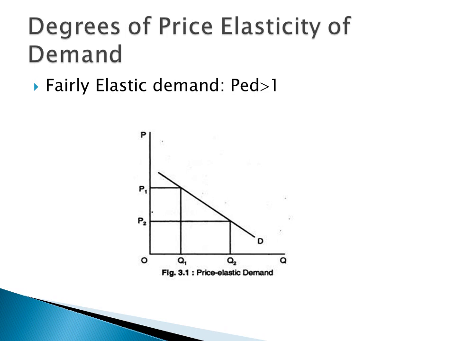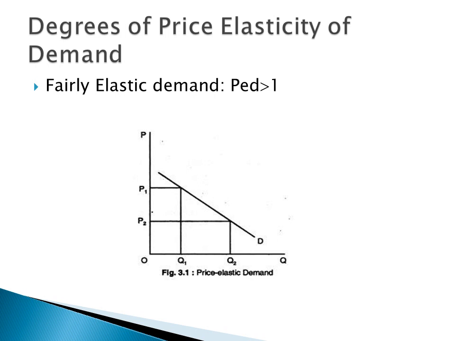The first one we can have is fairly elastic demand, where the coefficient is greater than 1. And this is a situation in which a small change in price leads to a more than proportional change in quantity demanded. Now, from the graph that you are looking at right now, you will see that the gap between P1 and P2 is not as wide as the gap between Q1 and Q2.